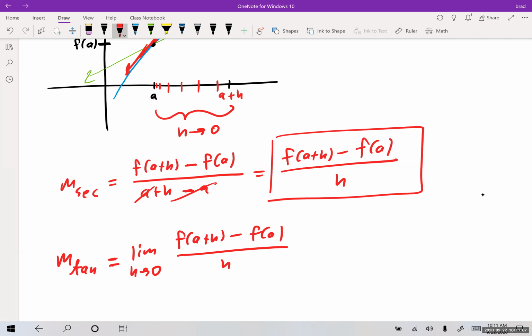Okay, so the slope of the tangent line equals the instantaneous rate of change. All right, we talked about that in, I think, 2.1 maybe. Instantaneous rate of change of a function. Okay, so this is going to end up becoming what we call our derivative.